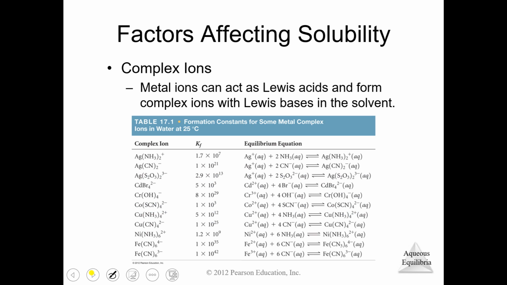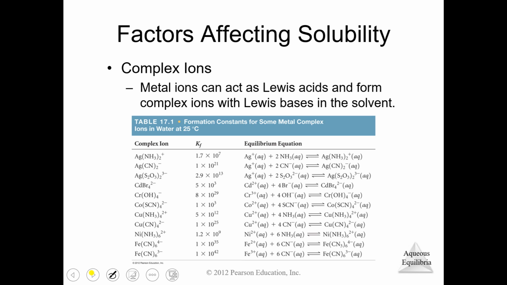Other factors that affect solubility are what we call complex metal ions. These are very complicated structurally. We're not going to get into it. You don't need to understand that. You just need to know what's going to happen if I ask about complex metal ions. Complex metal ions have the metal in the center, surrounded by very large, complicated things with bonds that you haven't even heard of yet, so I'm not going to get into that. We call those attachments to the central metal atom ligands. It's just a fancy name for attachments.